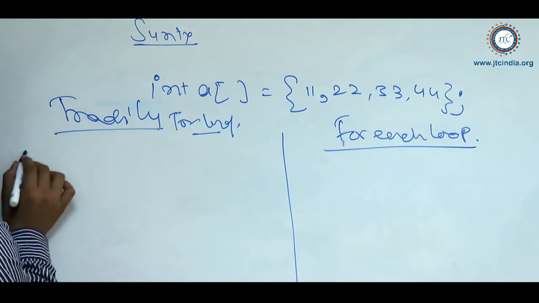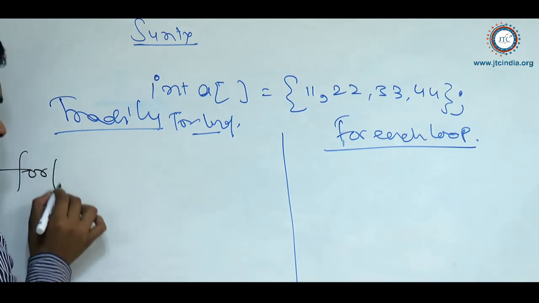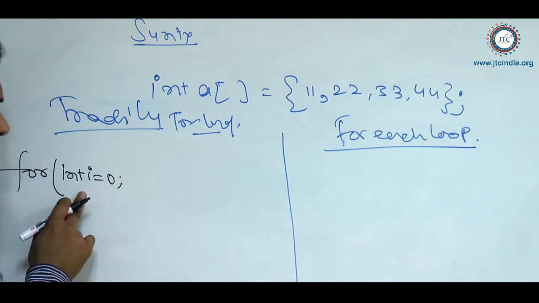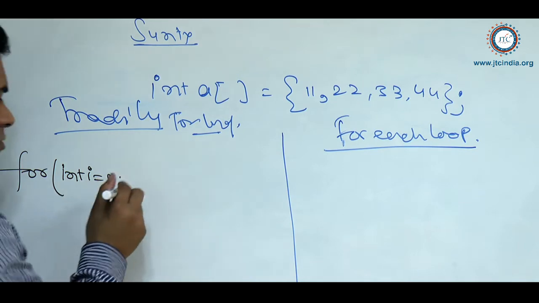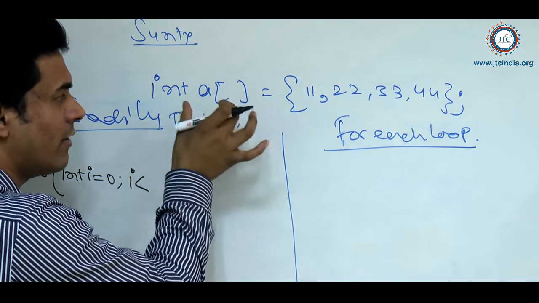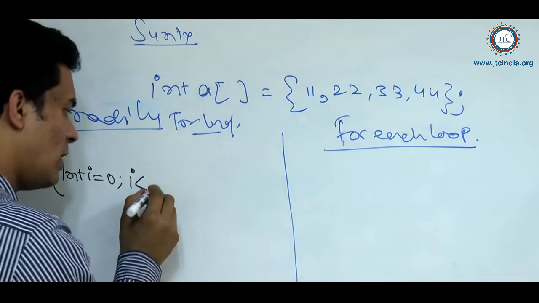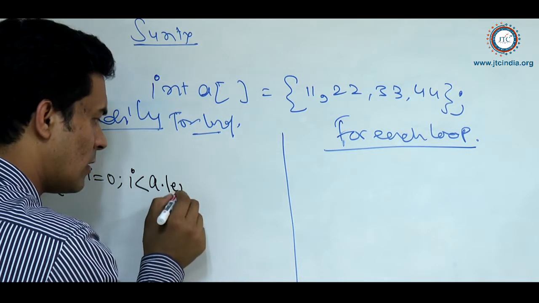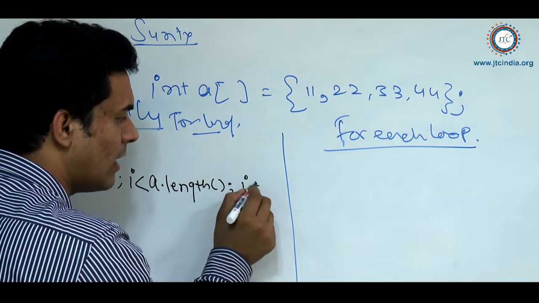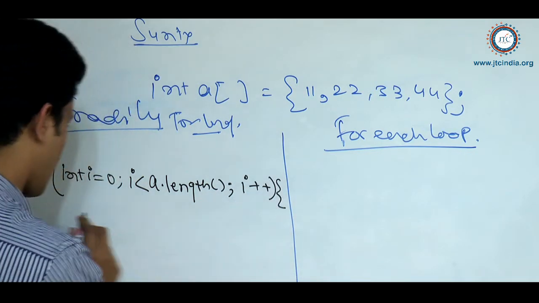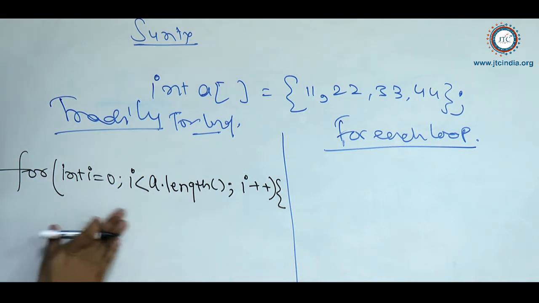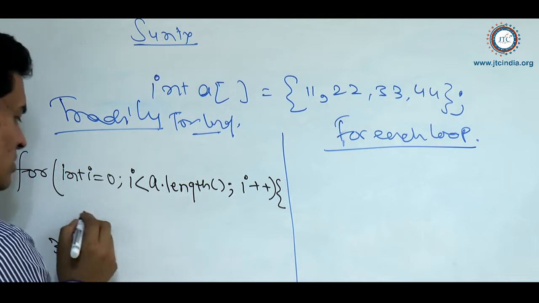So I am writing for int i = 0, i is less than, where do I need to traverse? Till the length of a. So I am writing a.length, and i++. When I want to access these elements, how could I write it?